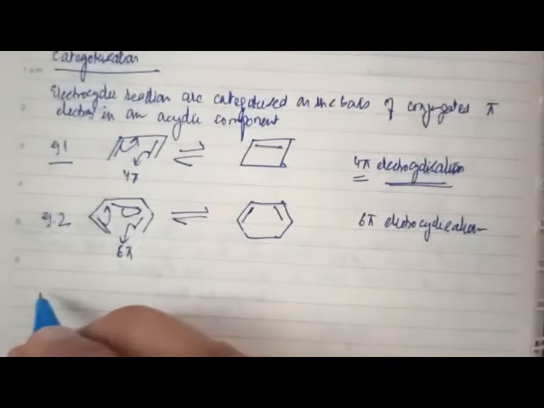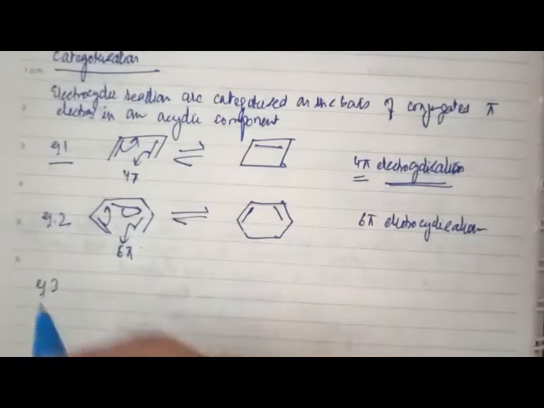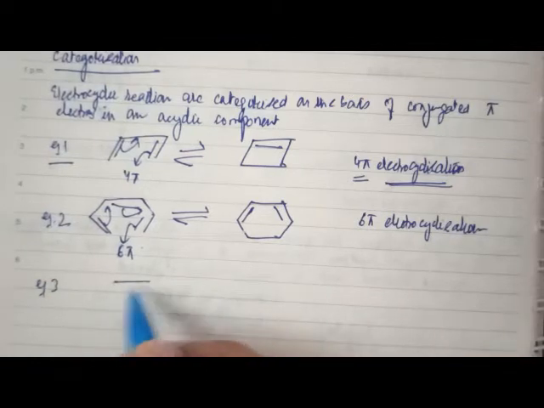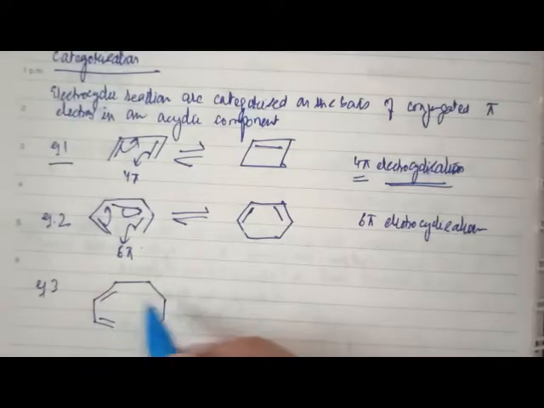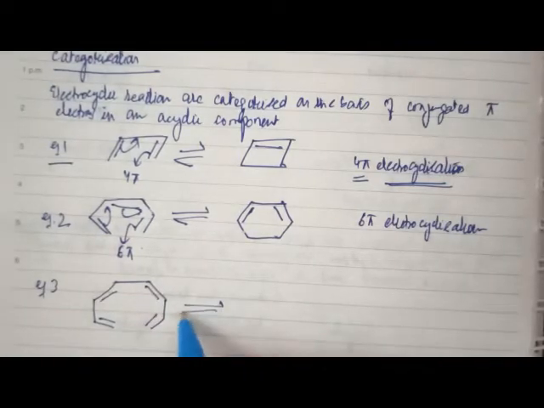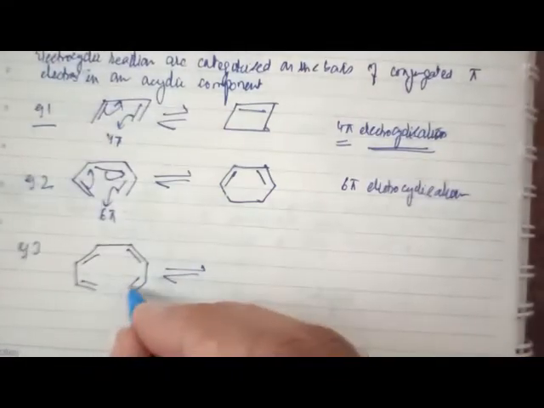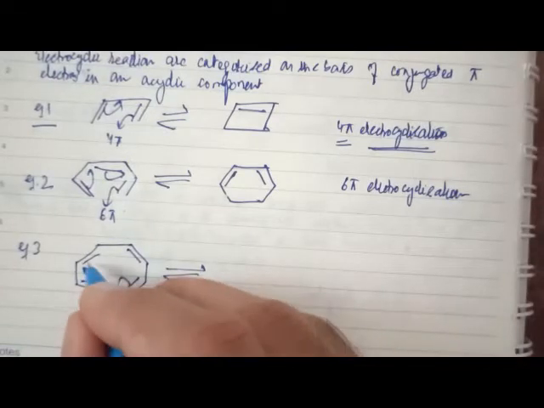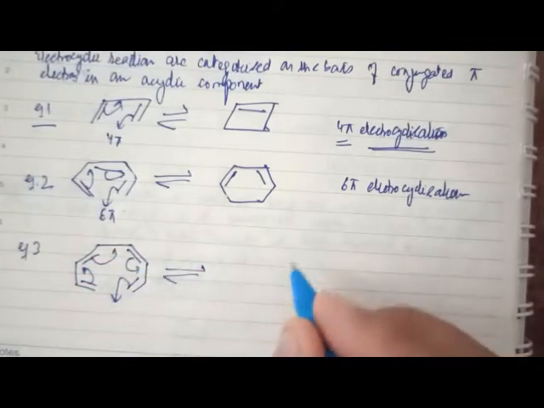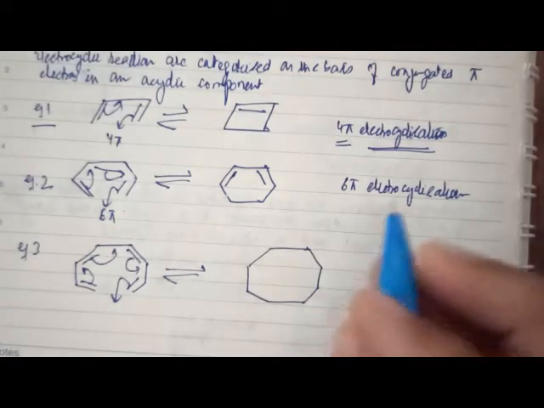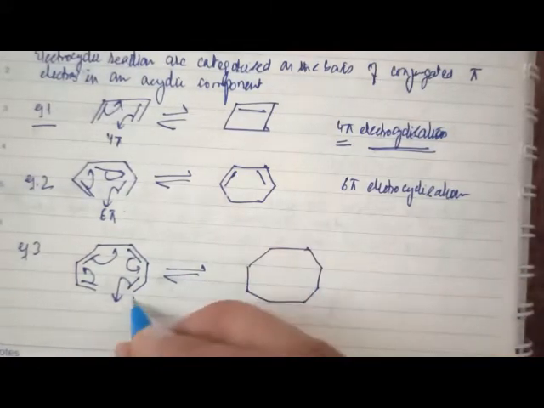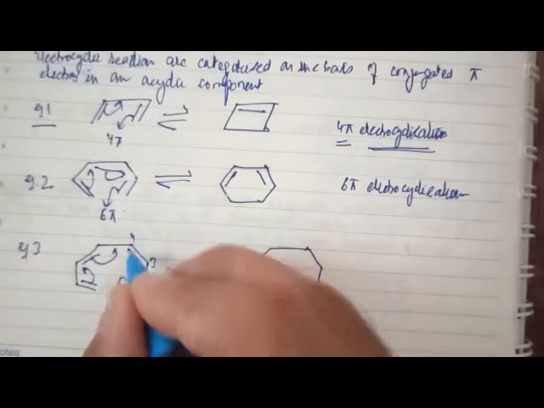Similarly, let's say this is example 2. Let's say I have octatetraene, this molecule. How do I write the product? Again, it is simple. All I need to do is to move the arrows either clockwise or anti-clockwise. The result is the formation of an 8-membered cyclic ring starting from an 8-membered acyclic system. Again, if any confusion is there, you can number.